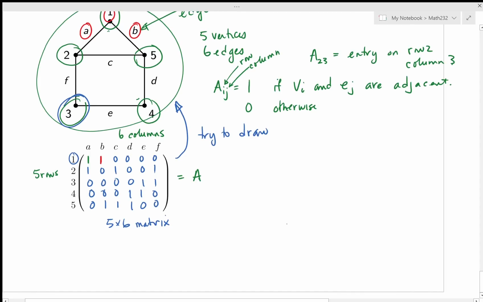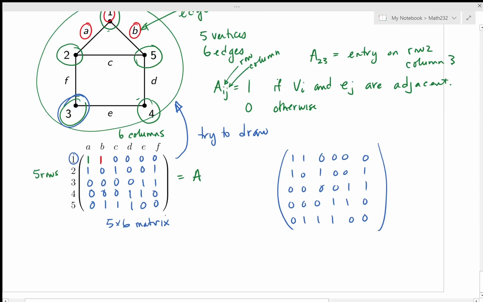I'm just going to write it out here, copying matrix A again. Just given this matrix and no context, it could be an incidence matrix of the graph.